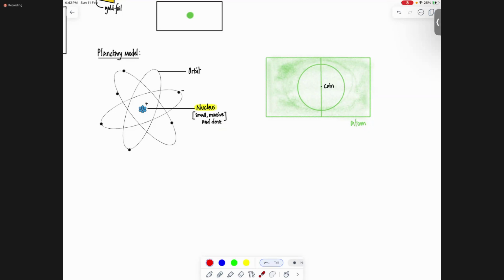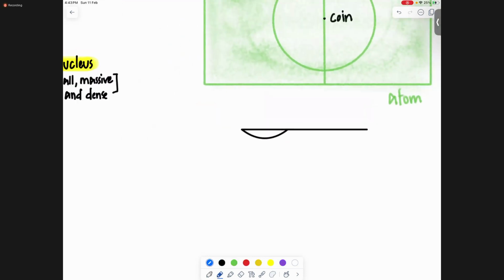So the thing they say is that you take a spoonful of nucleus. So I took a spoon, a small teaspoon. This is a teaspoon, right? And I fill it up with nuclei, protons, nucleus. It is filled with nucleus here, right? A teaspoon of nucleus. How much will it weigh?